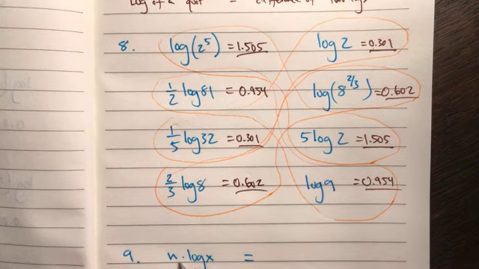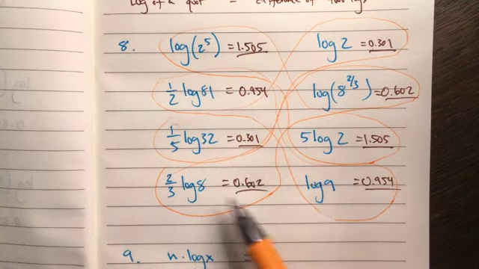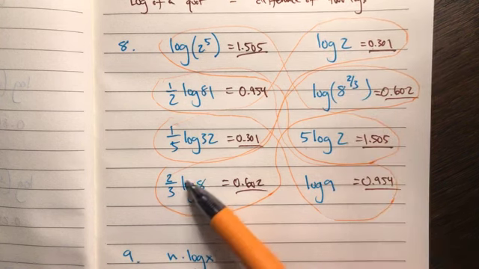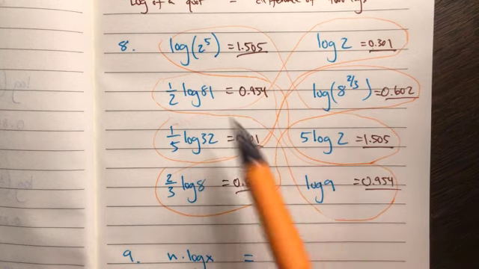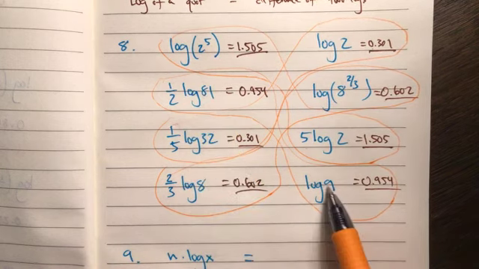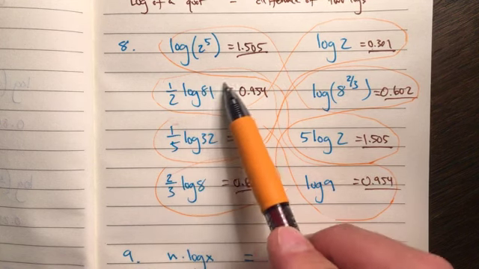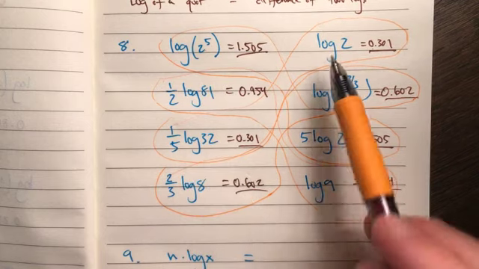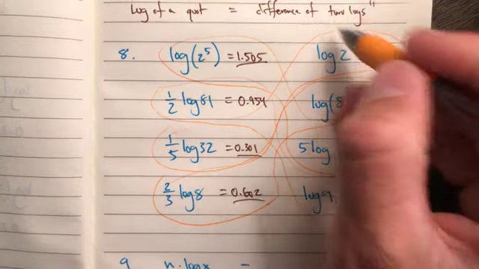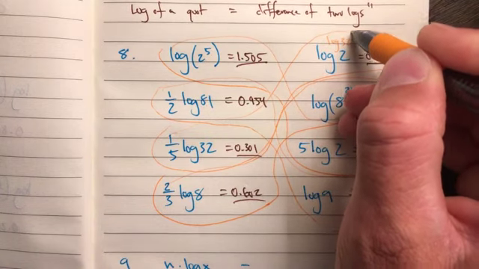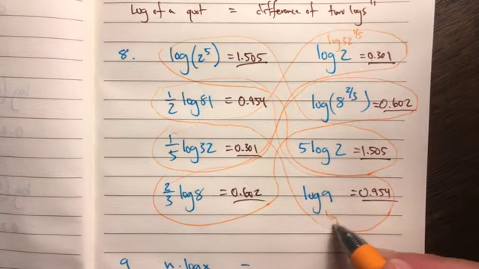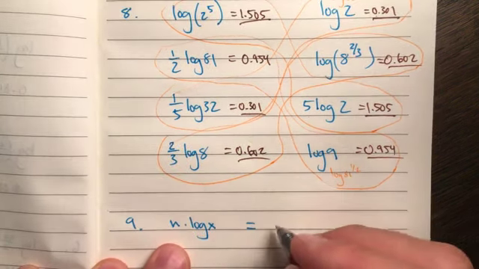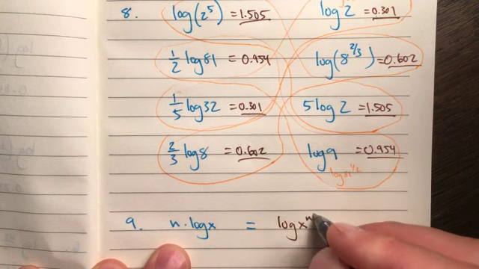So if you multiply by something out front, it seems like something might be able to happen there. 2/3 times log of 8 is the same as log of 8 to the 2/3 power. Log of 9 is the same as 1/2 times log of 81, and 9 is 81 to the 1/2 power. 1/5 times log of 32 is equal to log of 2, but log of 2 could be written as log of 32 to the 1/5. So it looks to me that n times log x is equal to log of x to the nth power.